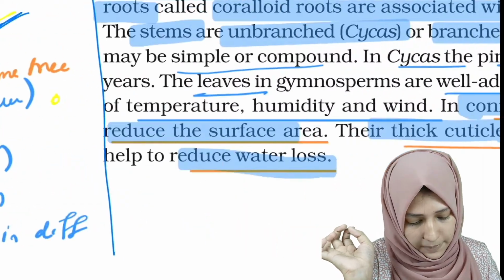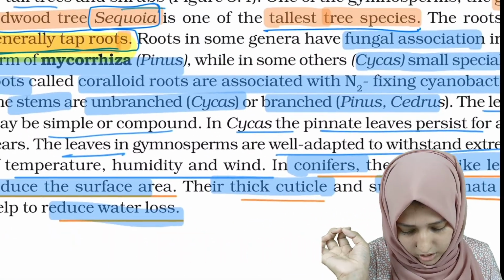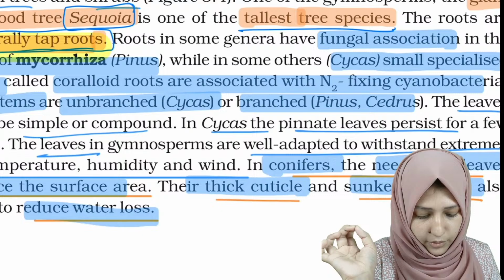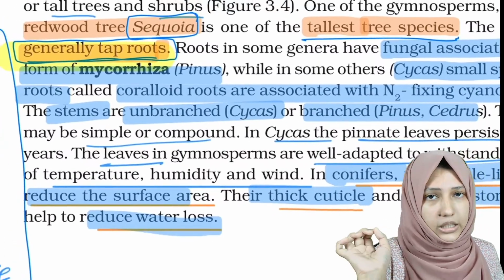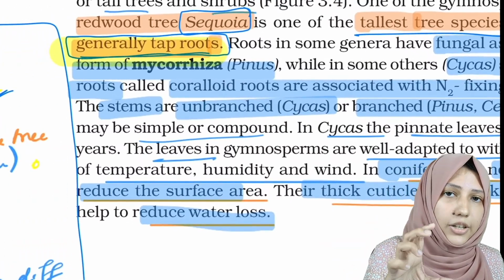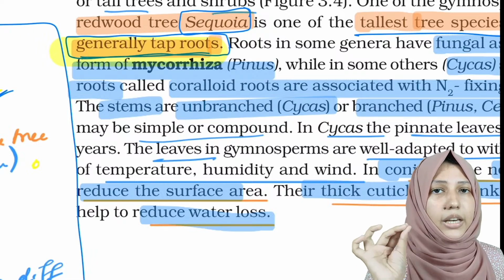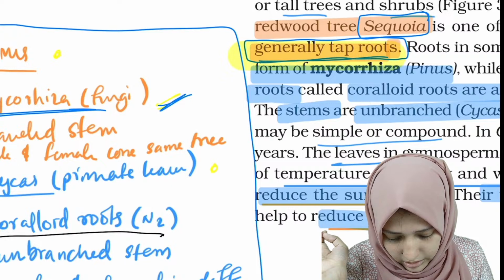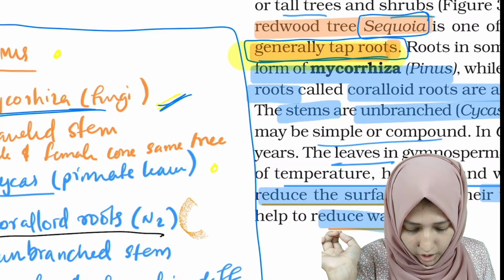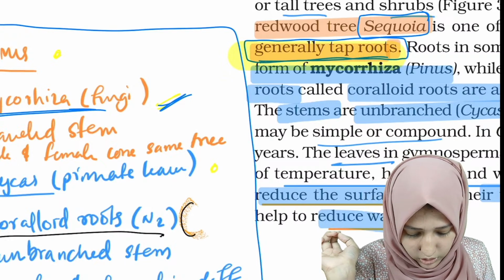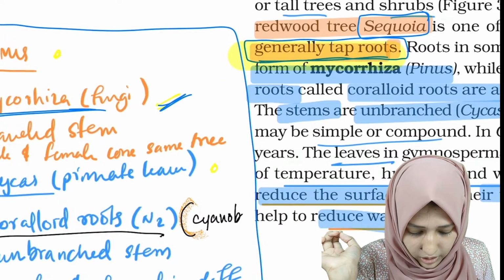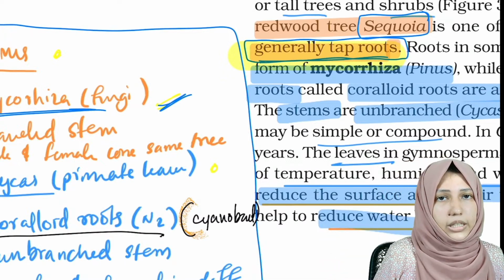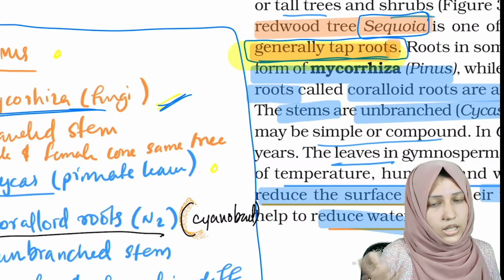The roots of Cycas are associated with nitrogen-fixing cyanobacteria. Why can the roots fix nitrogen? Because they have nitrogen-fixing cyanobacteria. Just see this: mycorrhiza has fungi, and coralloid roots have cyanobacteria.